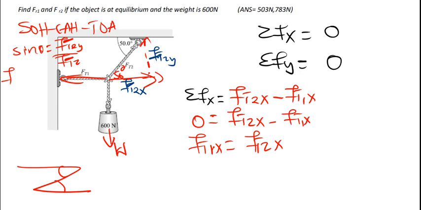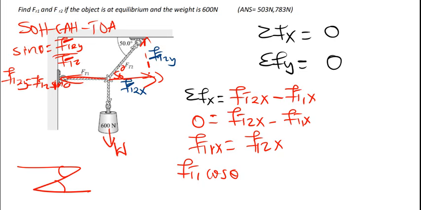So my FT2y will be equal to FT2 sine theta. Meaning the one for cos is going to be in the x-axis, so for this one in the x-axis it is going to be FT1 cos theta.